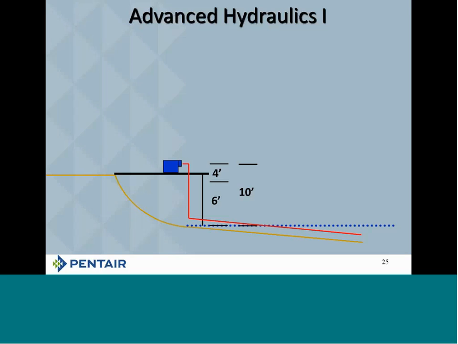So if we're using 1 1/4 pipe here, we need to be at least 9 inches under the water. Okay? To do that in this application took us 100 feet of pipe. Okay? So now we've got 100 feet of pipe here instead of 10 feet of pipe.